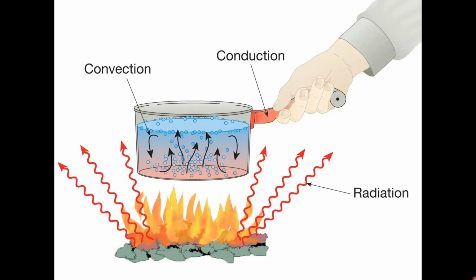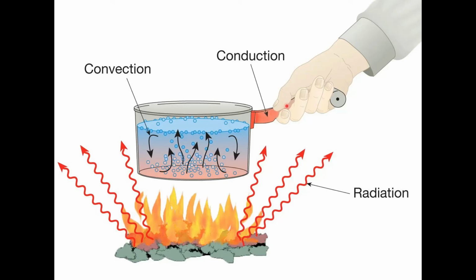This last image is really a summation of all three of these heat transfer mechanisms. Here, when you're warming a pot of water by the fire, the pot itself obviously has convection. The liquid closest to the bottom heats first, which warms it up and causes it to rise. The cooler liquid sinks, and then you get these convection currents, this cycle of moving water that's known as convection.